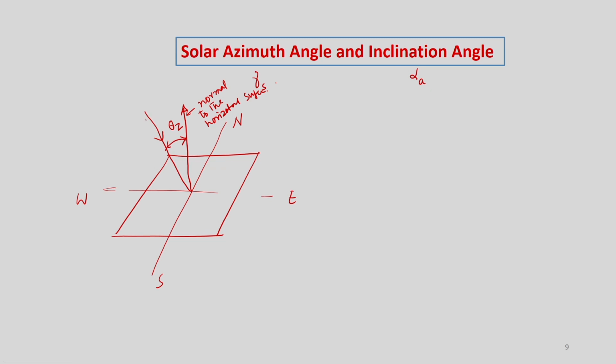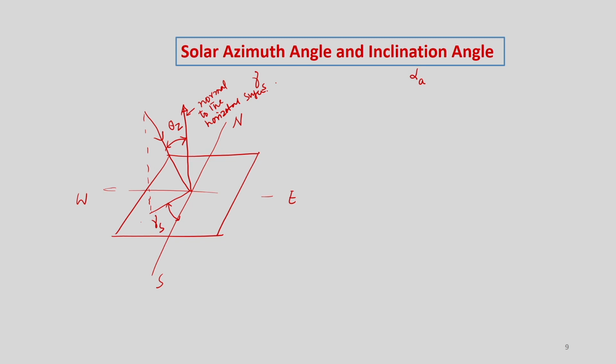So, if this is projected here, maybe we can extend this somehow, and this angle is gamma s, that is the solar azimuth angle.